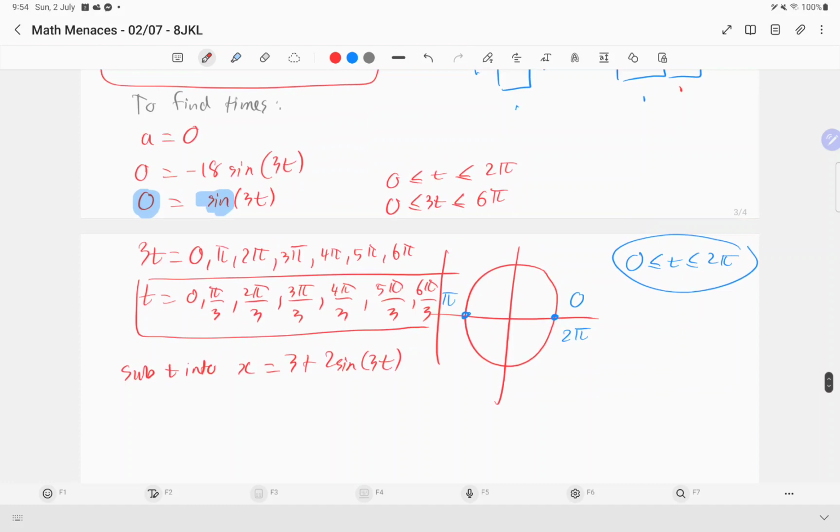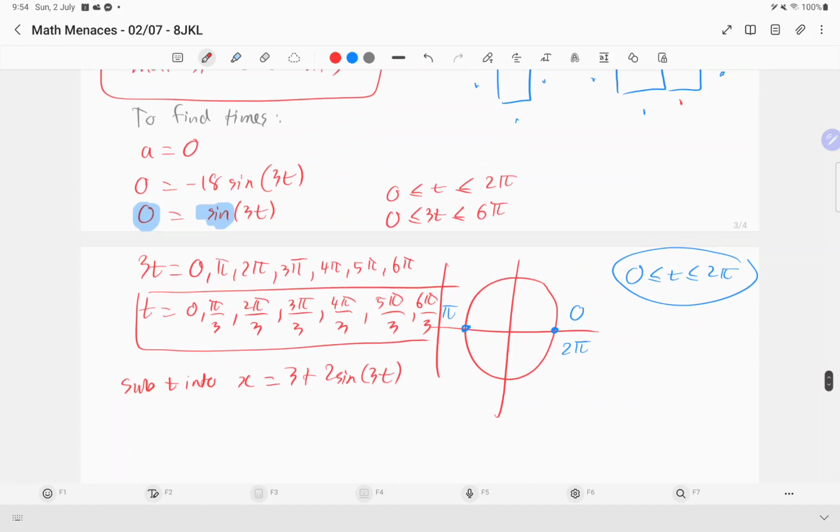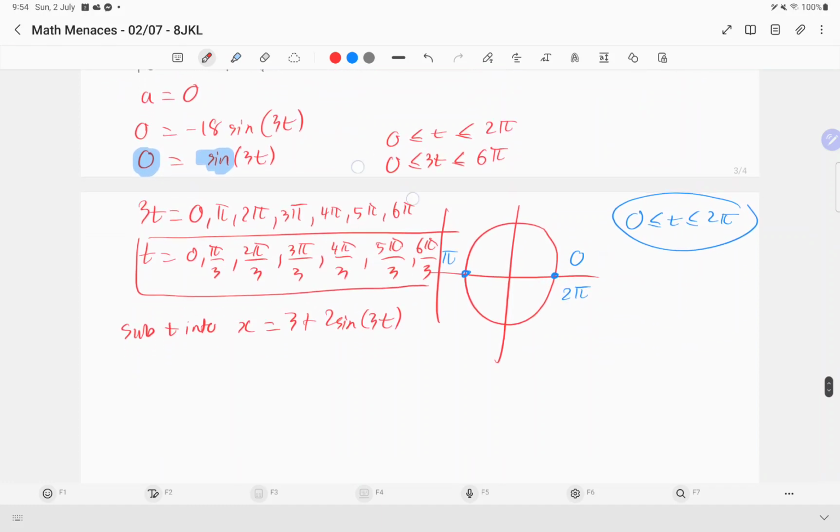We don't substitute t, because then you need to divide by 3 again. You substitute 3t.